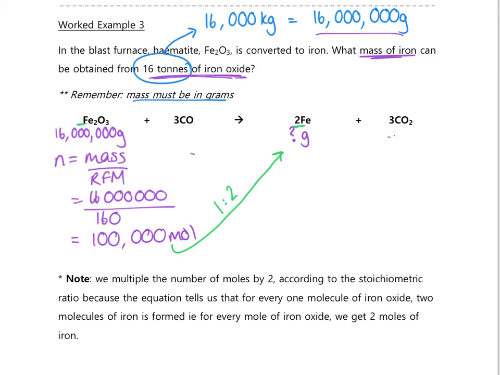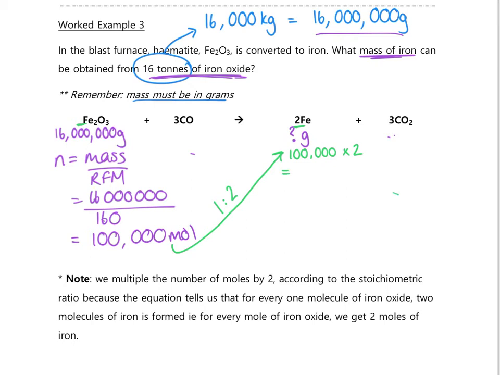What that means is that for every 1 mole of iron oxide, I produce 2 moles of iron. So essentially I produce twice as many moles of iron as I do iron oxide. So what I need to do here is multiply my number of moles by 2, because I produce twice as many moles of iron as I do iron oxide.